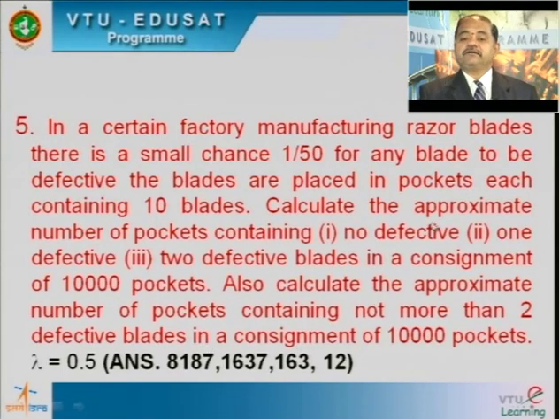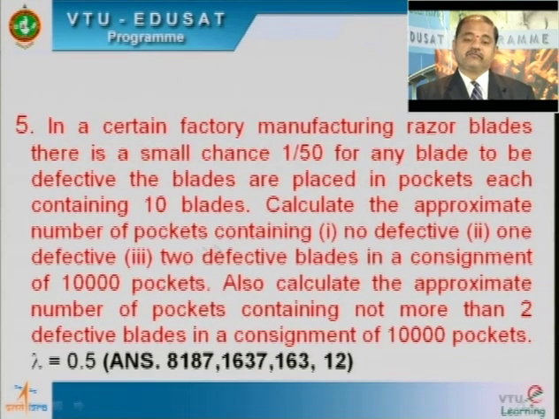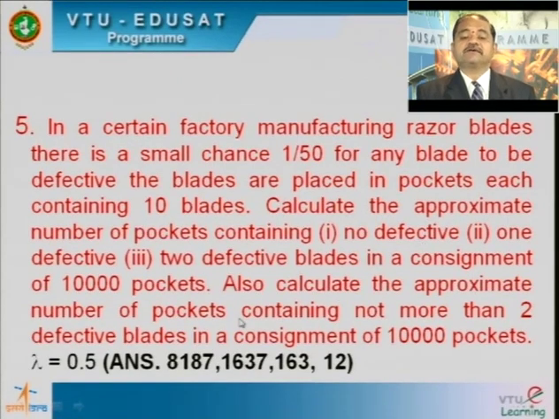Just in probability, that's what in the beginning itself I told, English. They can play with the English language so that they make a little bit of confusion in the questions. So also calculate the approximate number of pockets containing not more than 2. That means it's a continuation: no defective, one defective, two defective, more than 2 defective.